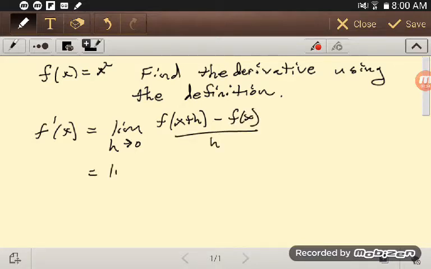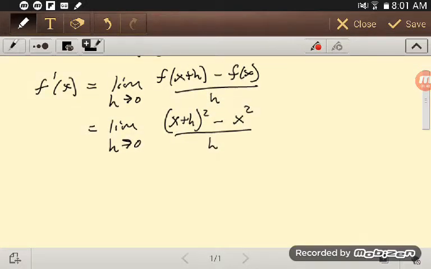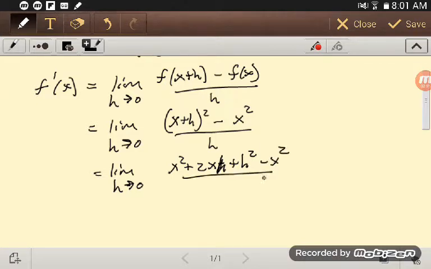And so that's the limit as h goes to 0 of x plus h quantity squared minus x squared over h. And now I have to multiply things out. So I get x squared plus 2xh plus h squared minus x squared over h.